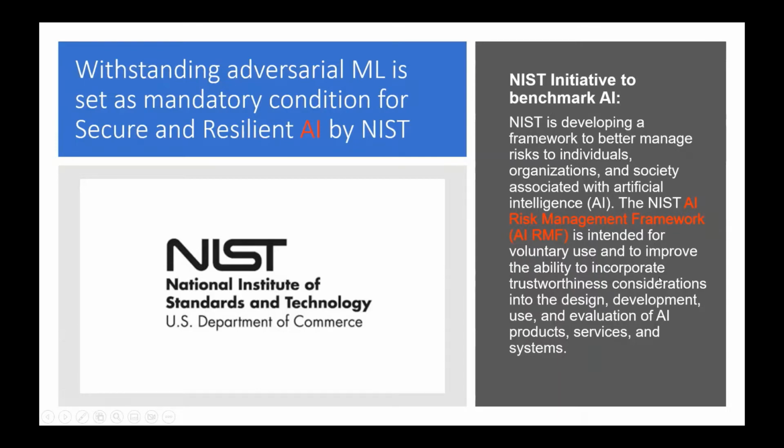The ability to incorporate trustworthiness considerations into the design, development, use, and evaluation of AI products and services. Now, these are good guidelines and a good framework, but the companies developing AI need to follow those guidelines to make it more useful and more beneficial to customers and society.